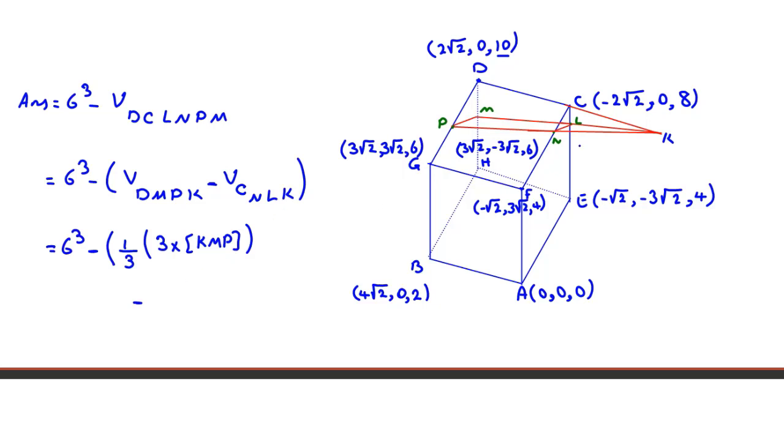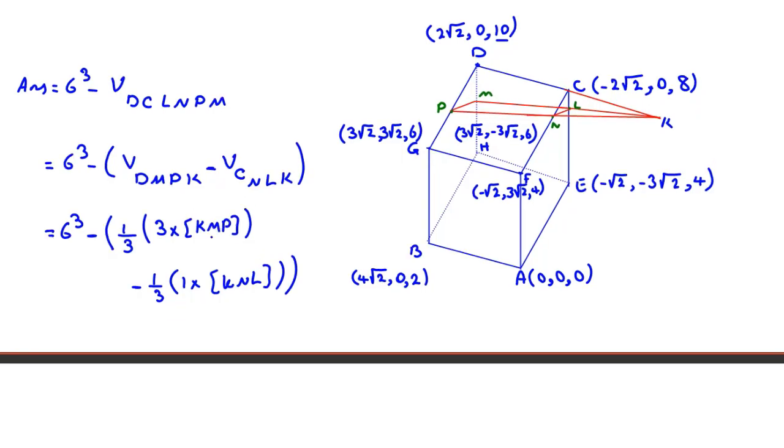Minus the area of this: C is 8, so the height is 1, so 1 over 3 times 1 times the area of KNL. So if we can find the area of KMP and the area of KNL, the problem will be solved.